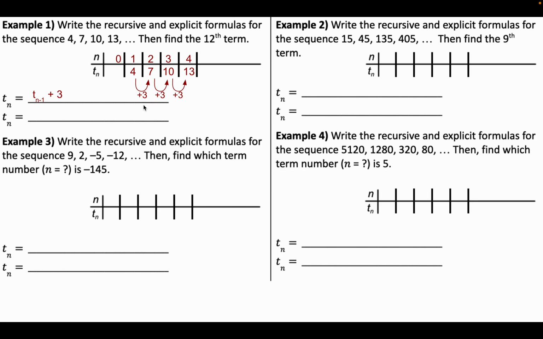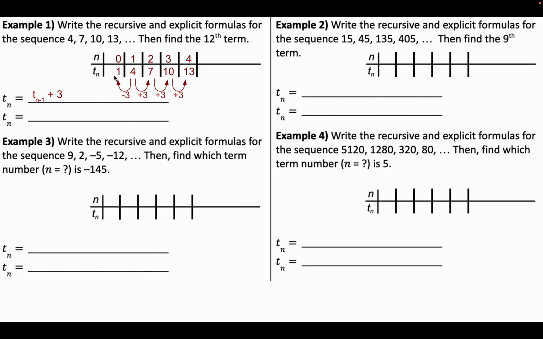Now let's start to figure out the explicit formula. To do our explicit formula, we first need to figure out what our 0th term is. In order to do that, we need to go backwards from our first term. If our first term is 4, and we're adding by 3, then we need to subtract 3 from 4 to get our 0th term. 4 minus 3 is 1.